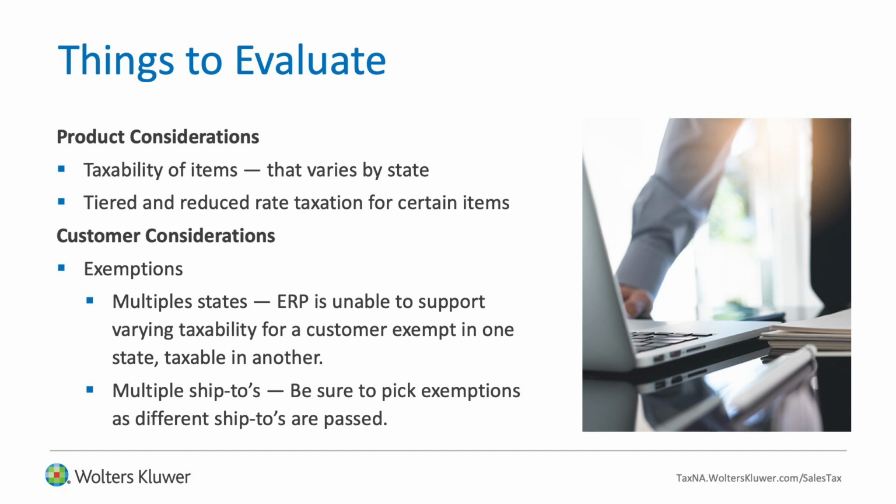You need a tax engine that's going to help you with the support of the taxability of the items that varies by state, and if you have tiered and reduced rate tax for certain items like manufacturing, or if you're in Tennessee and you have that Tennessee tiered tax.